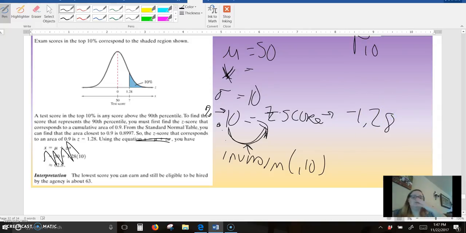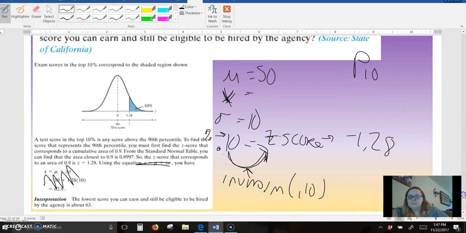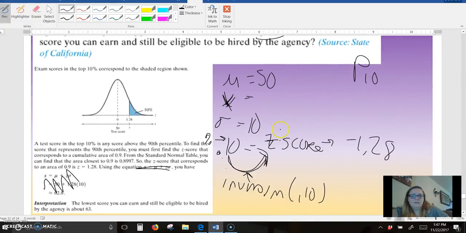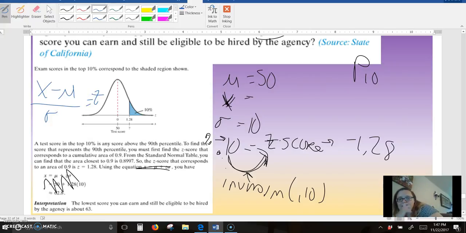All right, and so my formula is x minus mu over standard deviation is the z-score. So x minus 50 over 10 equals negative 1.28.